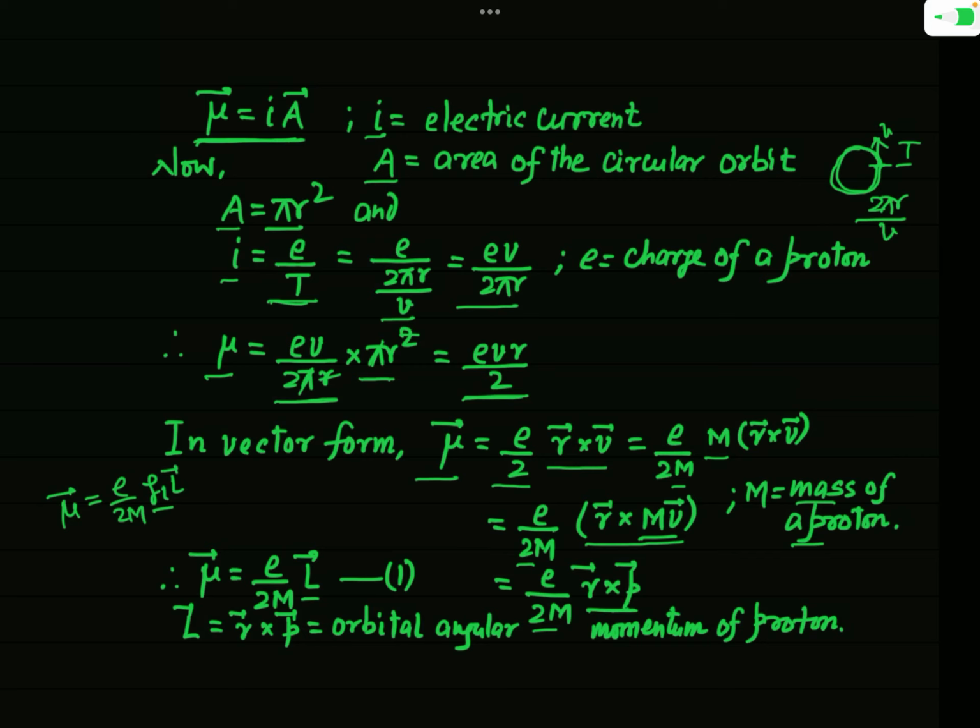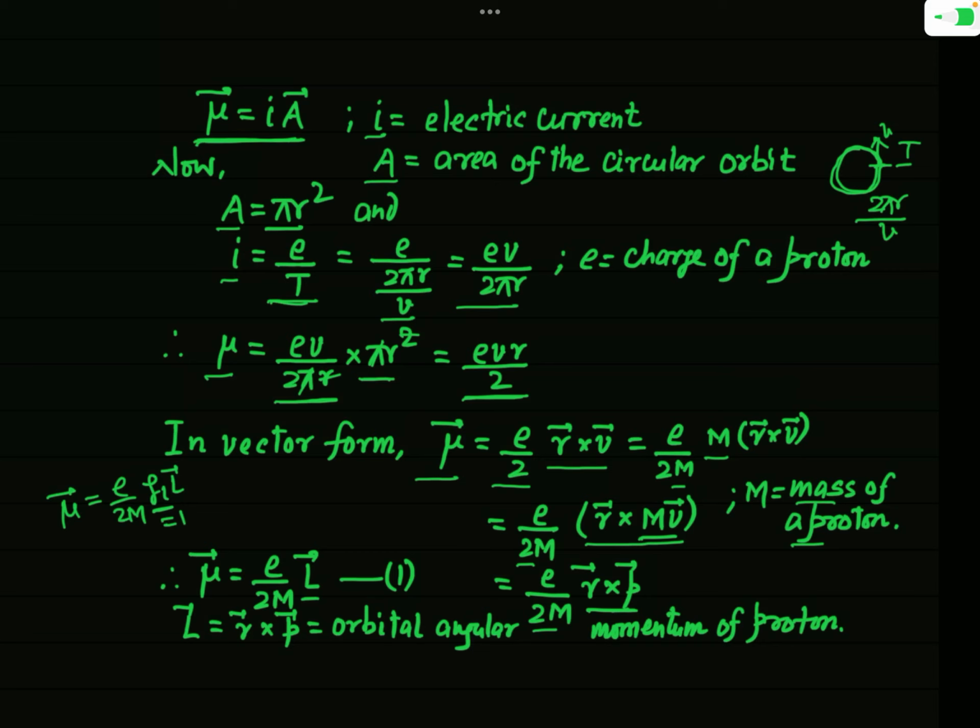But the value of this orbital G factor is equal to 1, so it has not been written here. But when this G factor is not equal to 1, then we have to write this factor GL in the expression of this magnetic moment.